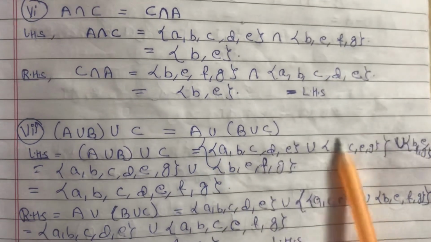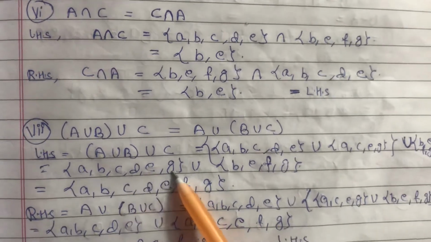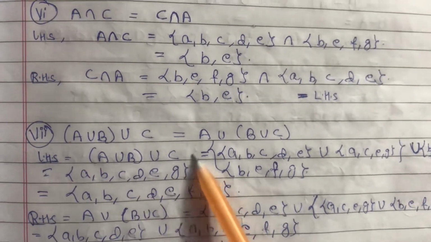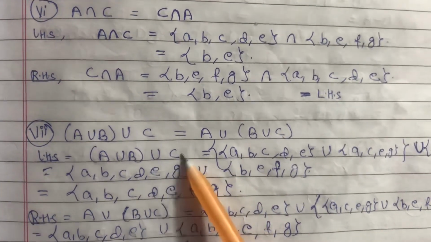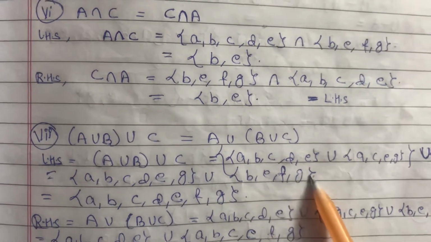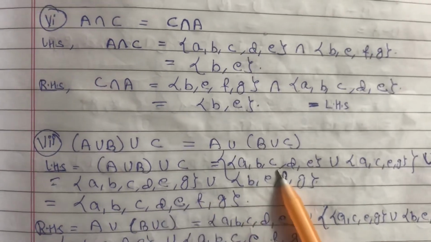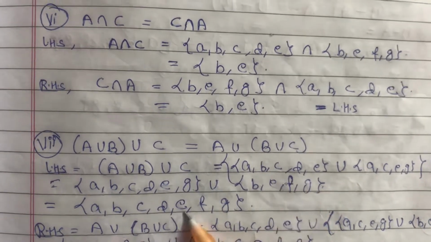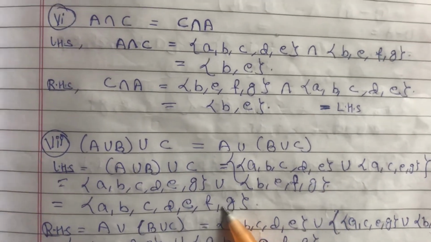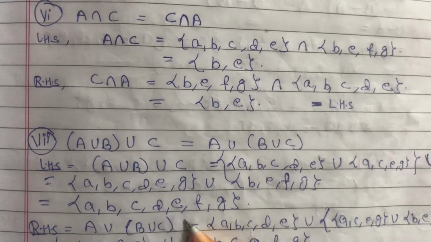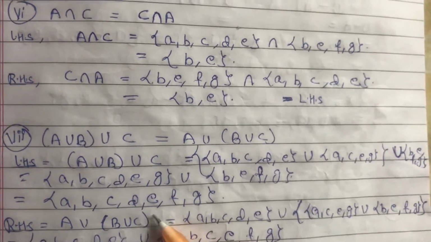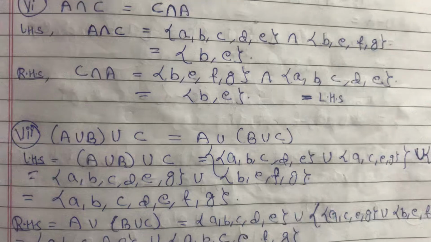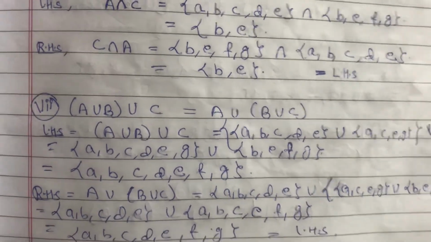When I solve this A union B, I'll get this as a result, A, B, C, D, E and G. Then union set C, which has B, E, F, G. Then again the union, that means the list of all the elements present in both the sets without any repetition. So it will be like this. I suggest you try it by yourself and match the answer so that this gets more clear to you.